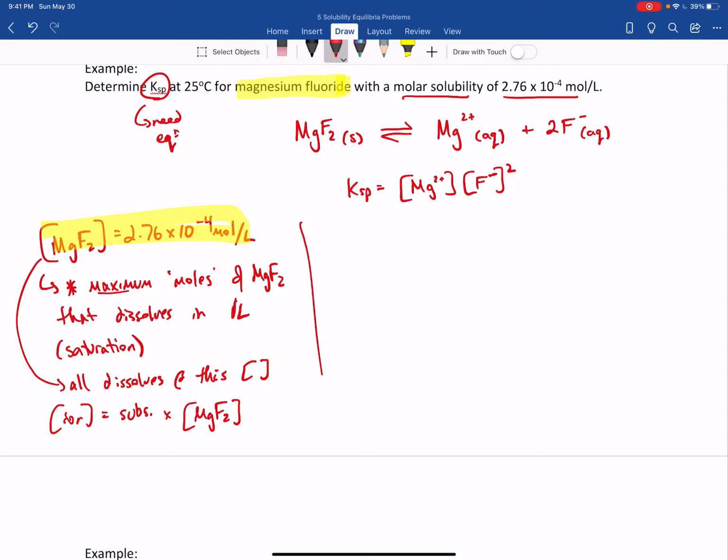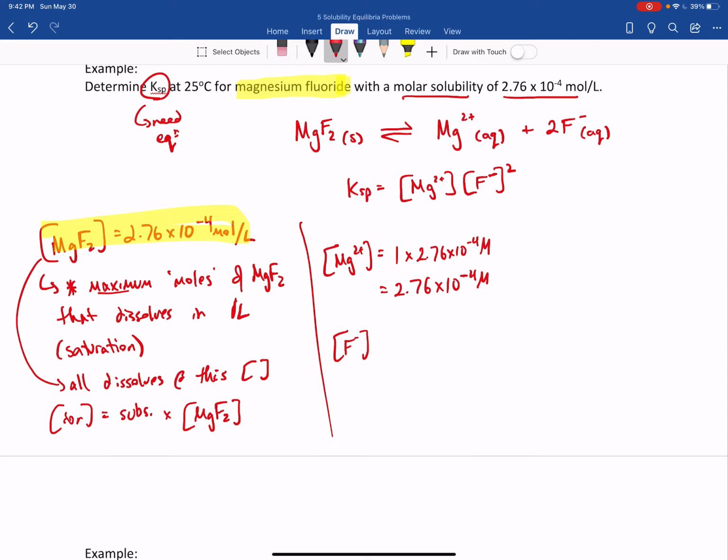So let's just make an aside here. For the concentration of Mg2+, its subscript in the equation is 1 times the concentration of magnesium fluoride. So its concentration will be the same as the concentration of magnesium fluoride, because when it splits up, that one molecule produces one ion. So when all of it splits up into its ions, it's all as that ion.